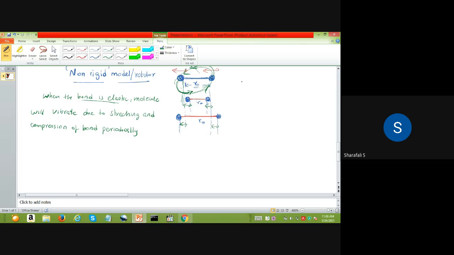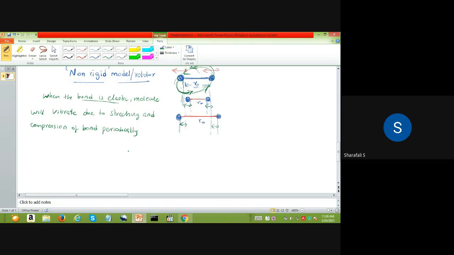This basically means that if you have a vibration like this, it will go with the same magnitude on both sides, and when it comes back it will also go with the same magnitude when it compresses, and that will produce harmonic oscillation. But when the compression and stretching are non-uniform, not equal on both sides, then it is called anharmonic oscillation or anharmonic vibration.